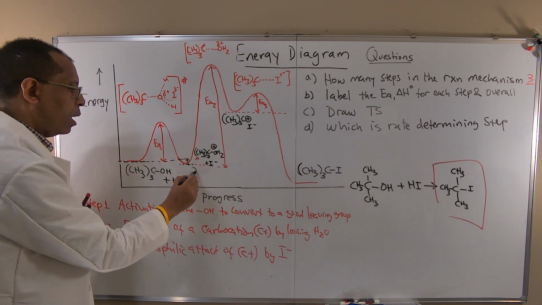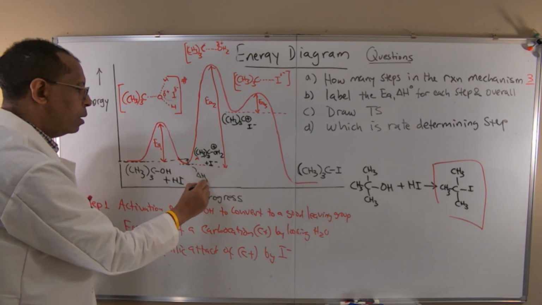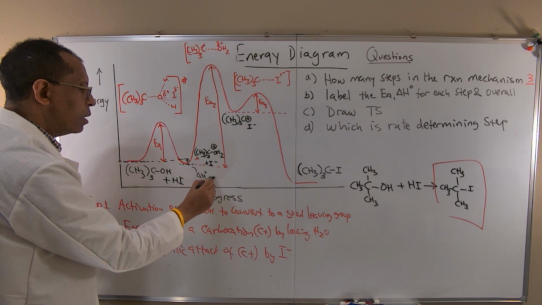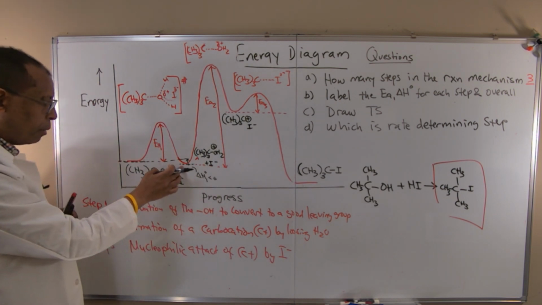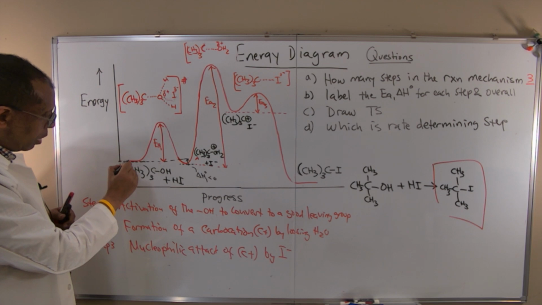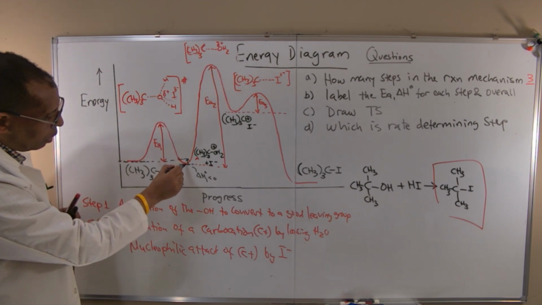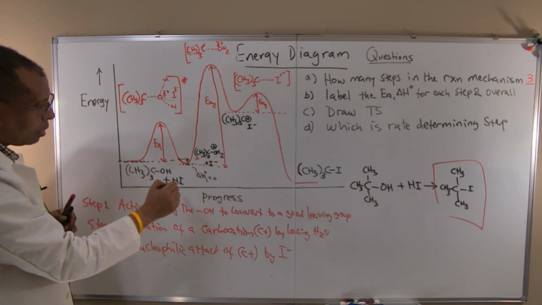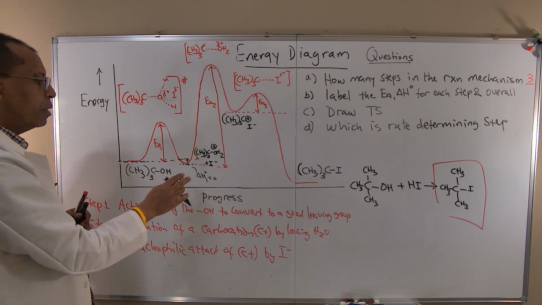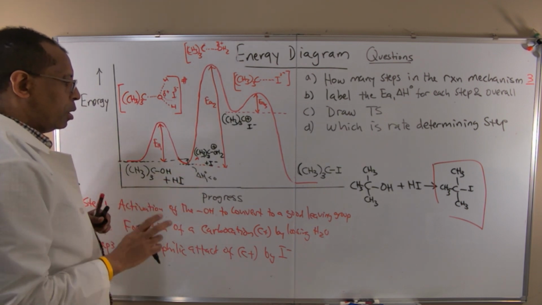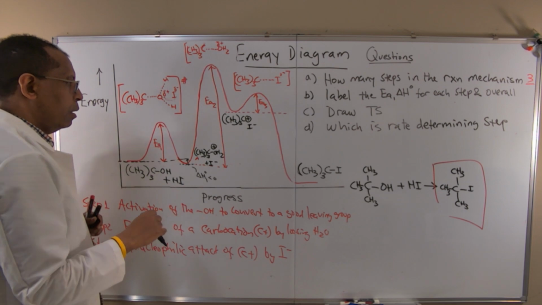So delta H1 is less than 0, but not by a very big amount. So starting material is here, the product is here. So the delta H difference is a little bit exothermic, not significantly different.